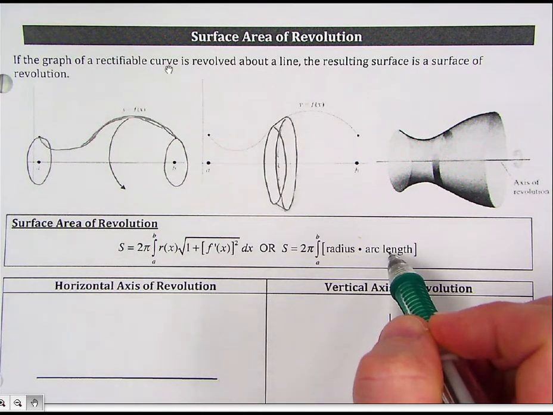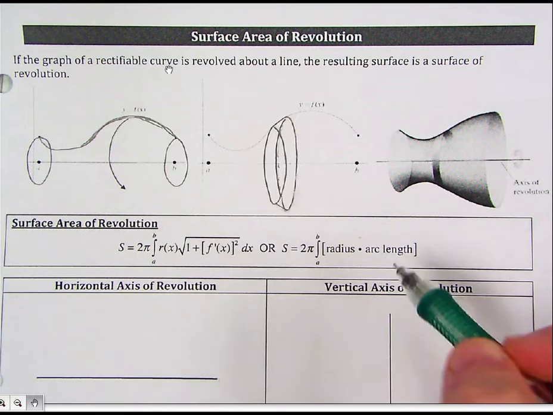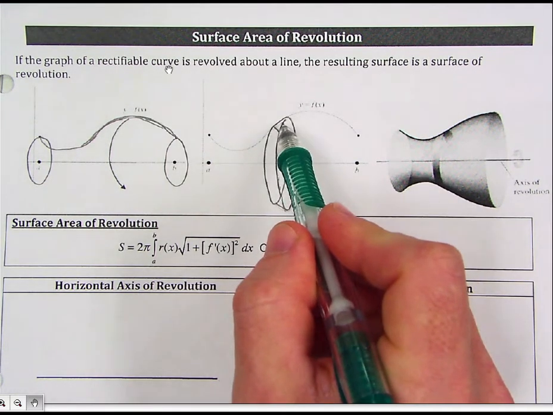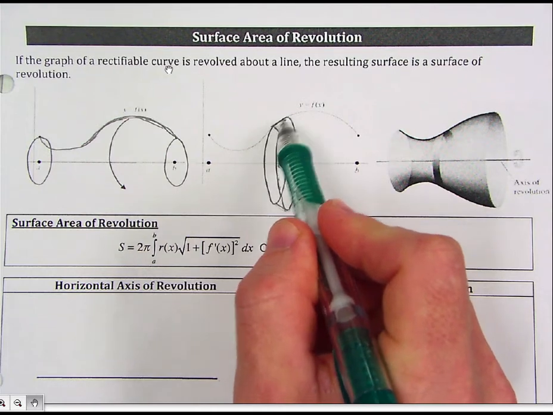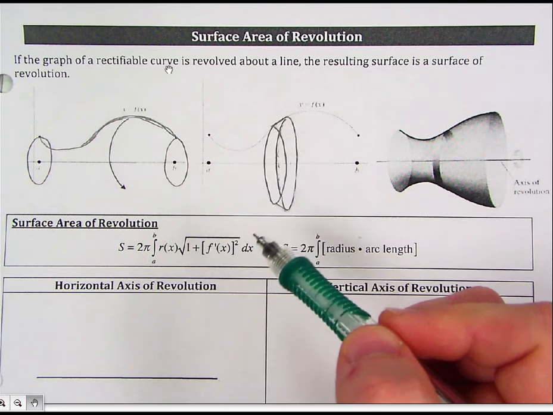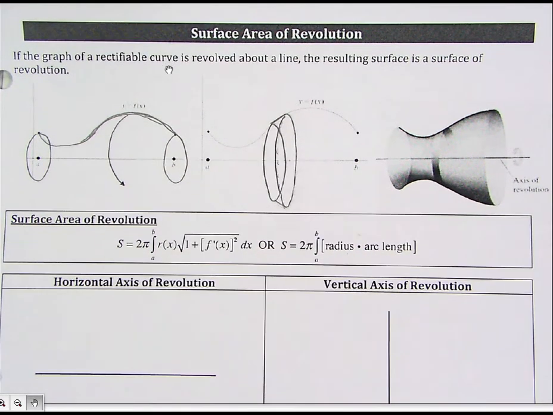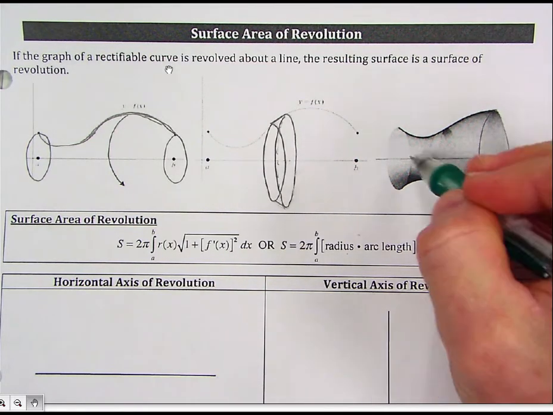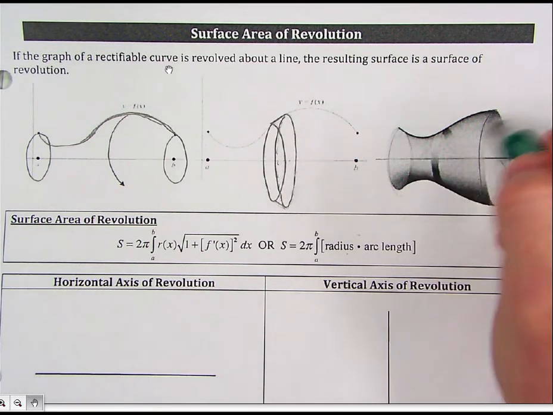So when we think about circumference, it's 2 pi r, right? And then if we want to include this ribbon, we just multiply it by the arc length. Oh, because it's area times width, right? Area times width. Yep. And so here you can kind of see the whole solid here. And so the surface area is all the way around.